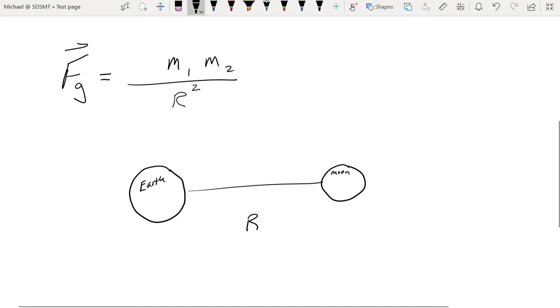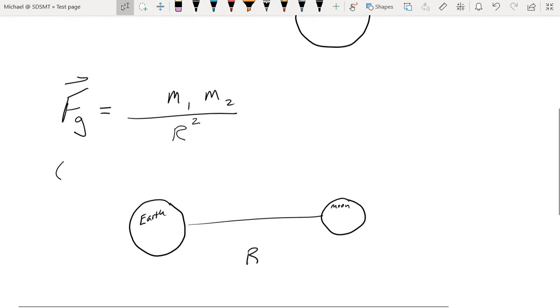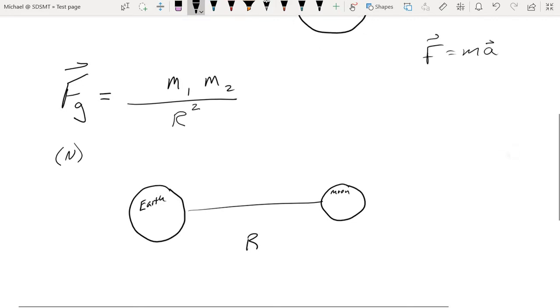Now, he was missing one very important piece, and the first thing that you might notice in all of this is that the units don't match up in this expression, at least not yet. For force, we have units of what we're going to call newtons. And I just now realized that we did not cover the units of force in the previous video, so we'll do that right now.